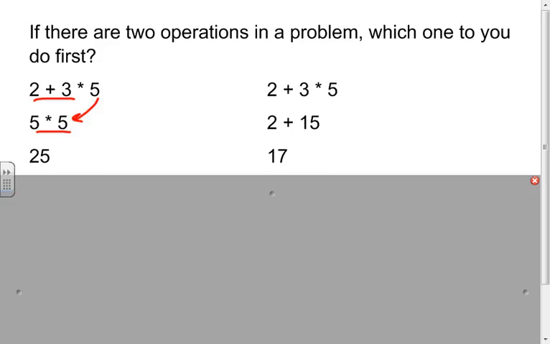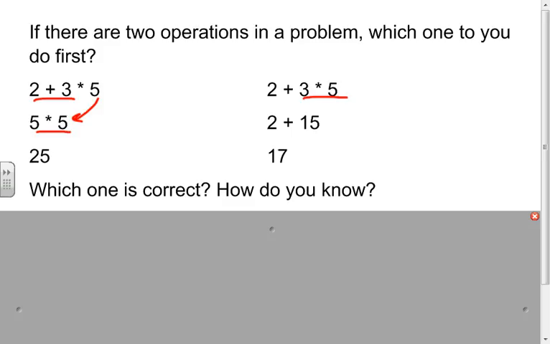On the right-hand side, I did 3 times 5 first, and got 15. And then I did 2 plus 15, and I got an answer of 17. One of these has to be right, and one of them has to be wrong. I can't do the same problem twice and get two different answers. The question is, which one's correct and how do you know?